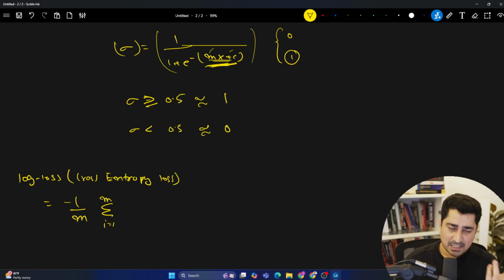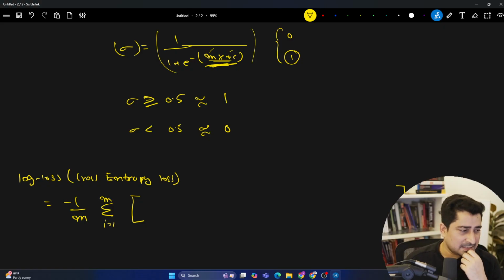Here m is nothing but the number of data points, or you can say n or m, that's completely fine. And then inside a bracket there is a very lengthy function, a long function, which you can try to write. But believe me, even this function we can try to derive. I'm not going to do it, but if you would like to derive this function, it is actually possible to derive this entire function.